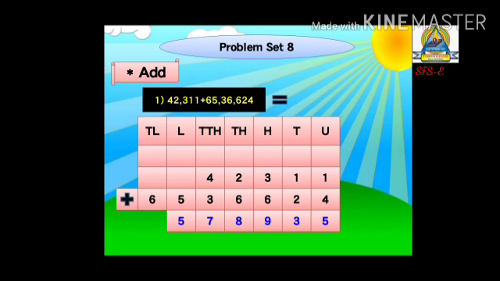We don't have any other number to add in that. So write down that number as it is. So your answer is 65 lakhs 78,935. This is how you are going to add 6 and 7 digit numbers. Okay.